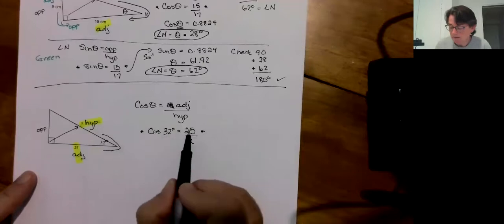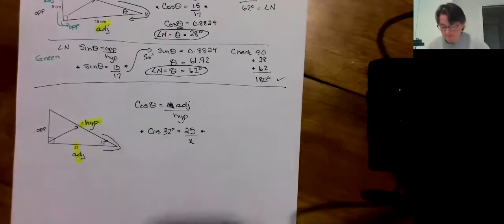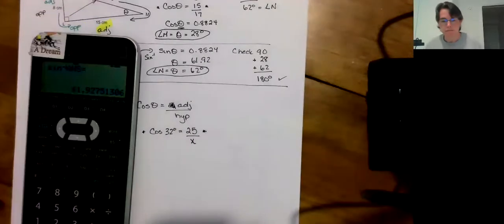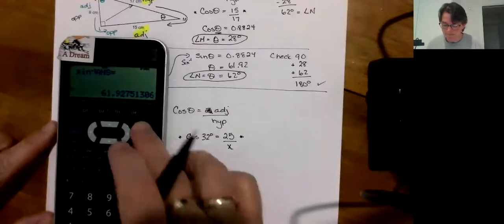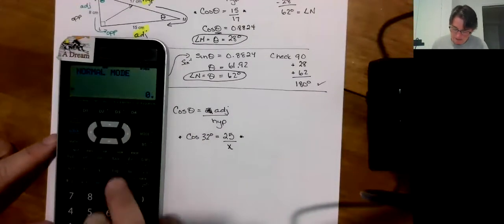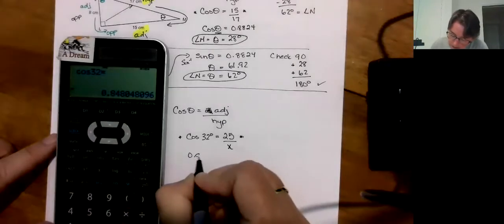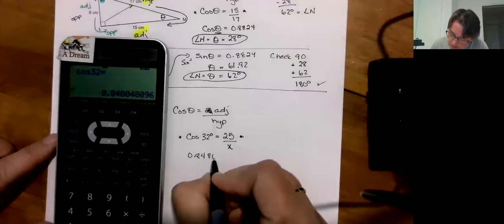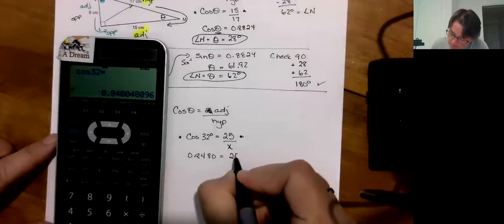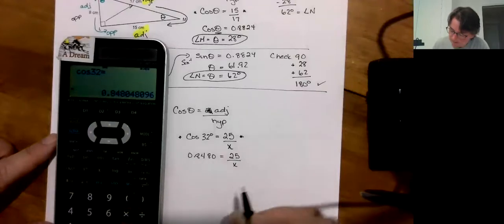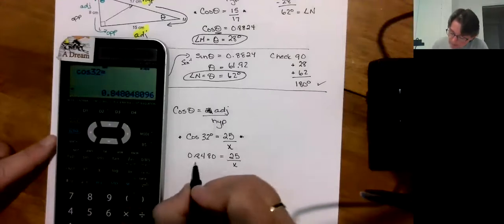I have two numbers and an unknown, so we're good. Cos 32 is 0.8480, equals 25 over x. I'm going to cross multiply.